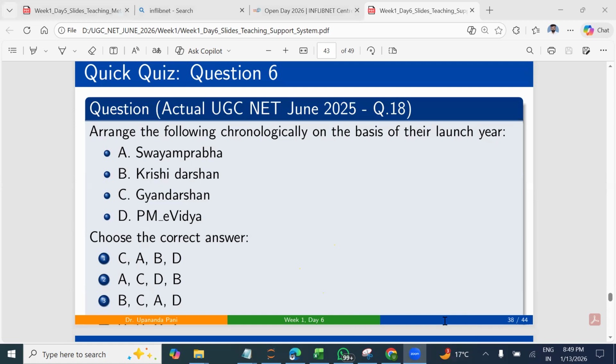C. But there is no C. Choose the correct answer. 1, 2, 3. Is it 1 means 3? B, C, A, D, right? B, C, A, D. Okay. Very good. Okay.